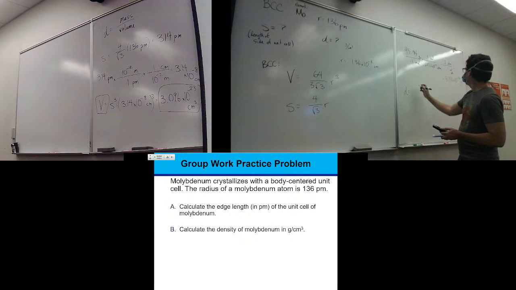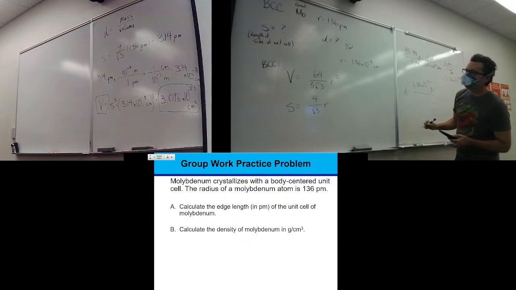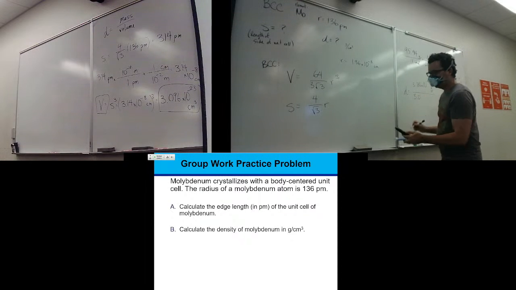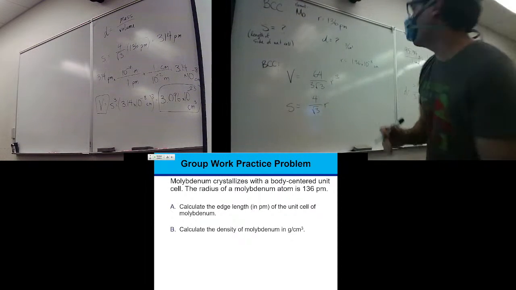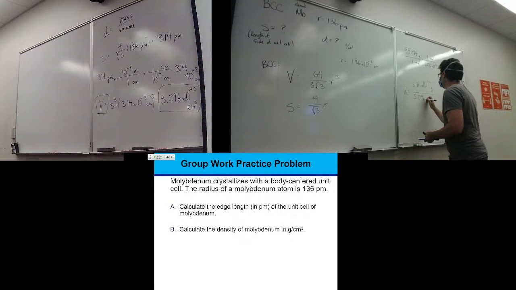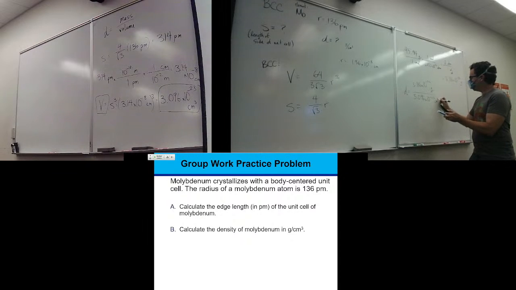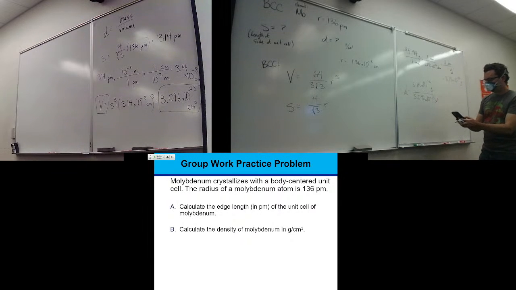Density is 3.186 times 10 to the minus 22, and the volume was 3.096 times 10 to the minus 23 centimeters cubed. Divided by 3.096 e to the minus 23, and I get 10.29.